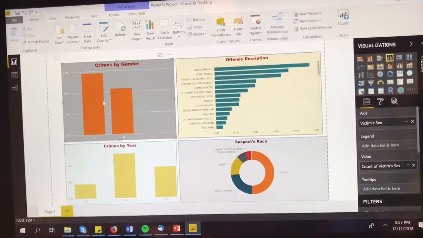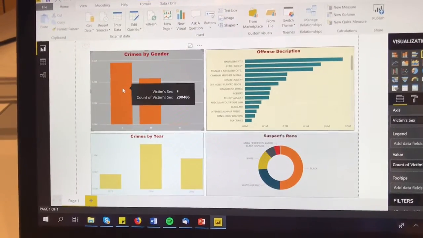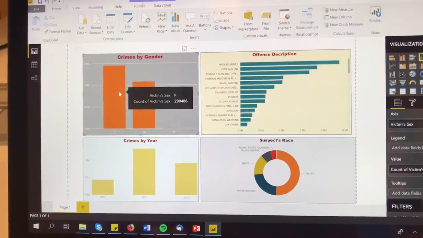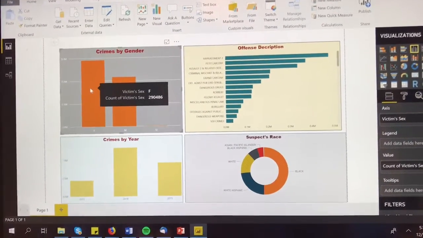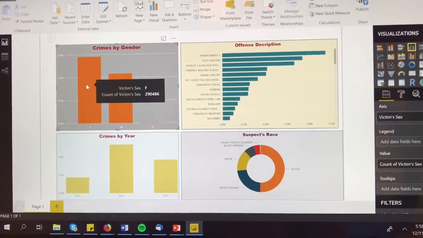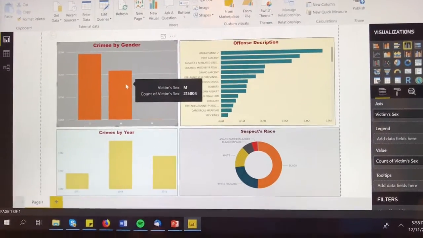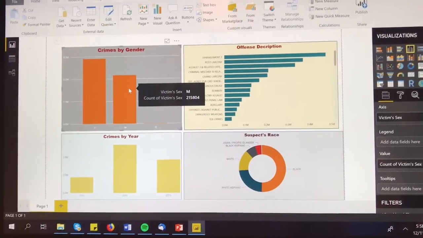For our first visualization, the question that we asked was which gender commits the most crimes? And as you can see here, females committed more crimes than males. So females committed 290,486 crimes, whereas males committed 215,804.